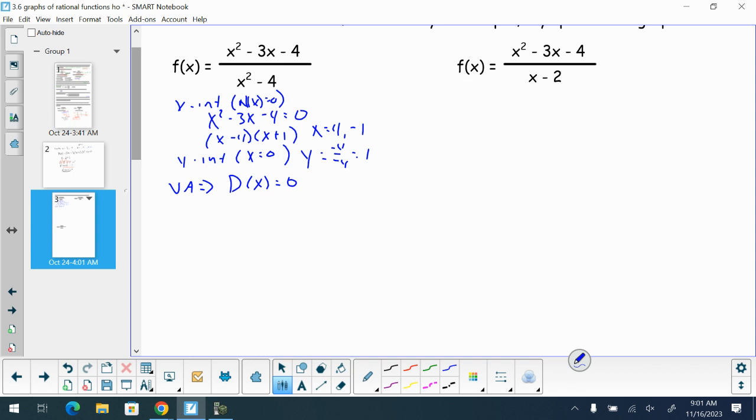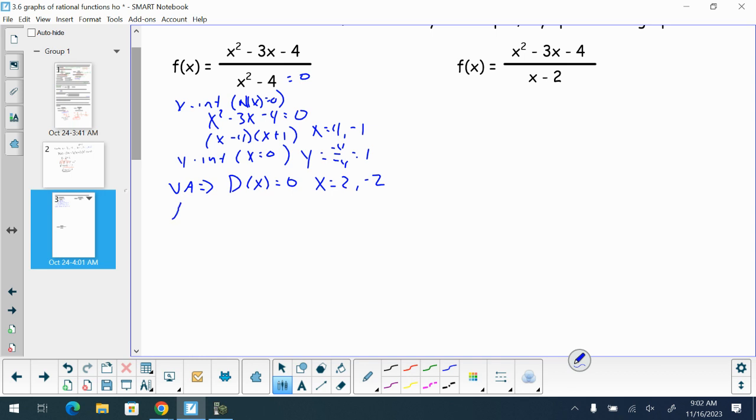What makes your denominator equal to 0 here? 2, and also negative 2. So we have vertical asymptotes at x equals 2 and negative 2.